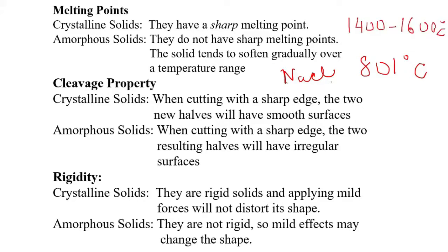Crystalline solid, for example diamond: the diamond melting point is 4207 degrees centigrade. Sodium chloride and diamond have only one melting point.